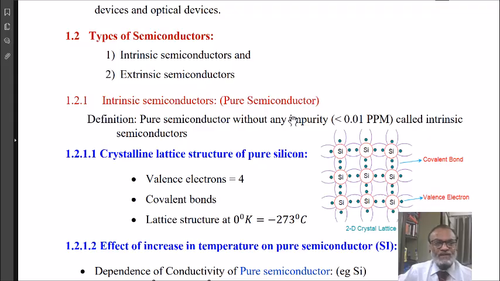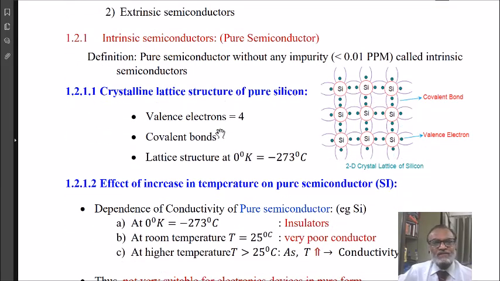Semiconductors are broadly classified in two groups, that is as intrinsic semiconductor and extrinsic semiconductor. Intrinsic semiconductor is a pure semiconductor, and extrinsic semiconductor is a semiconductor in which the pure semiconductor is getting doped with the impurity purposefully so that the properties of the semiconductor can be modified.